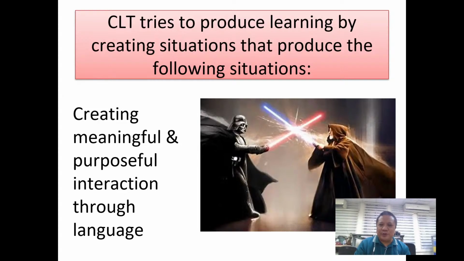CLT tries to produce learning by creating situations such as creating meaningful and purposeful interaction through language. So the interaction that you have with other people through the use of language is meaningful and purposeful. You're able to achieve your purposes, the others are able to achieve their purposes.